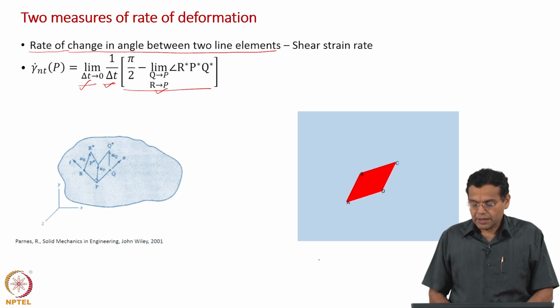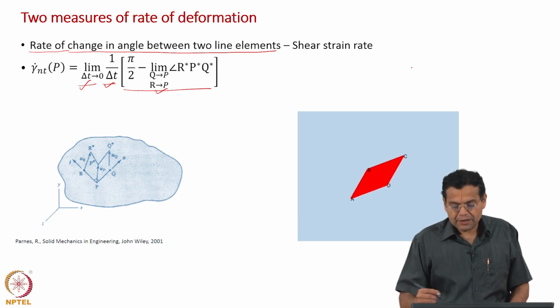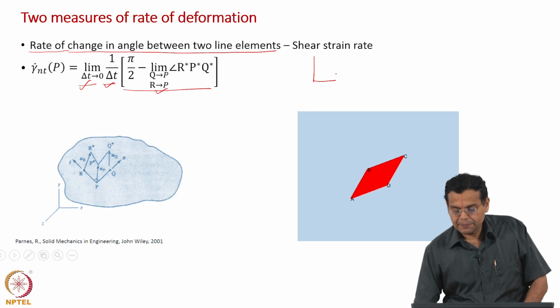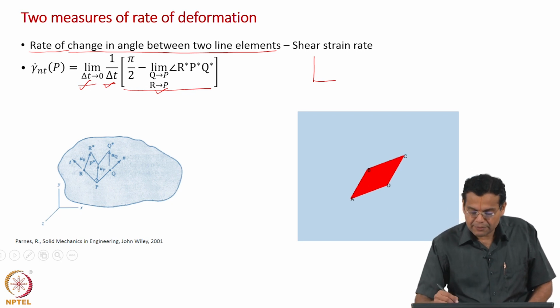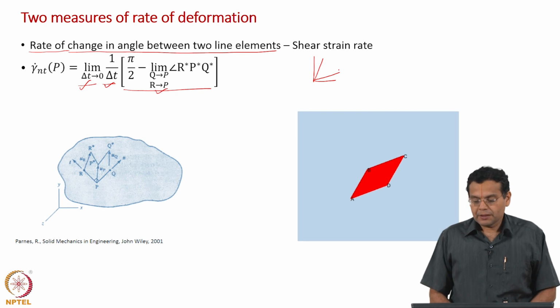Okay. I would like to mention that the way in which you understand shear strain rate is that we consider two line elements at some time t and some other time t plus delta t, let us say the two line elements become like this, they come closer to each other, and now the rate of change of angle is the shear strain rate.